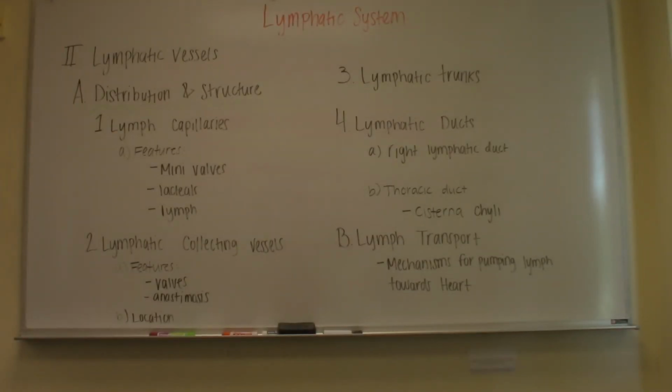Now we're moving on to lymphatic vessels. Distribution and structure of lymphatic vessels include lymph capillaries, also known as terminal lymphatics, which are a dead end and a one-way valve found in most areas of the body except bones and teeth.